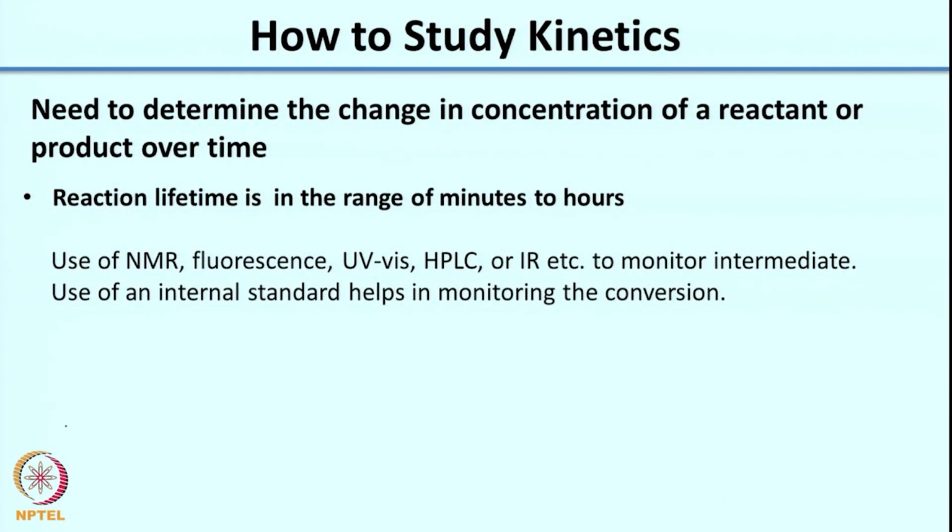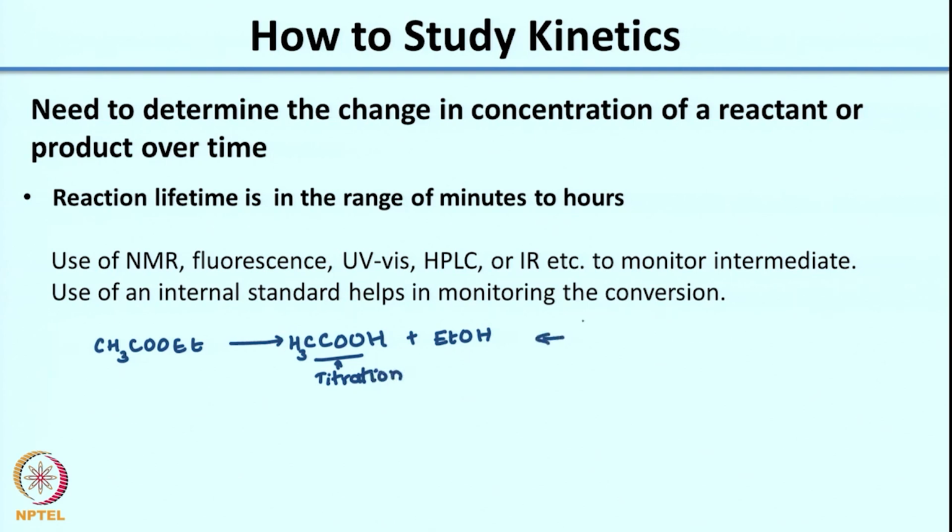So, in our undergraduate lab, we used to do the reaction where we would look at hydrolysis of an ester to the acid and alcohol, and the concentration of the acid was determined using titration.